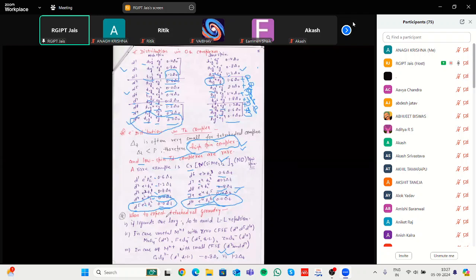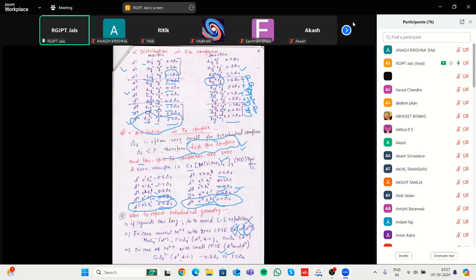When we expect a tetrahedral geometry, there is a forming of a pi bonding, we can say. If ligands are large, that does not form ligand repulsion. That's why there is a chance of CFSE 0 at d0, d5 and d10.